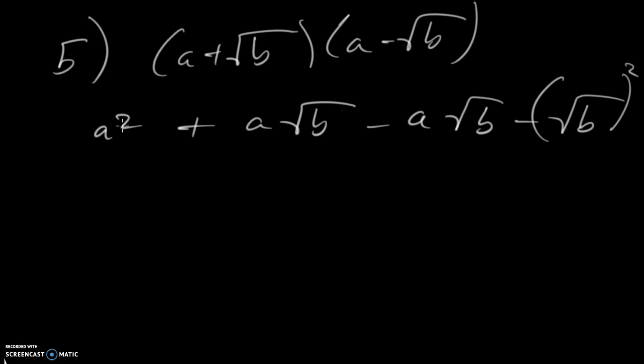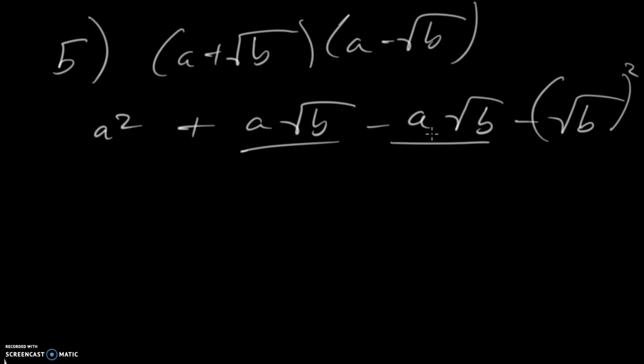So a times a is a squared, plus root b times minus root b gives us minus root b squared, and then root b times a gives us this and that. This is just a tongue twister.